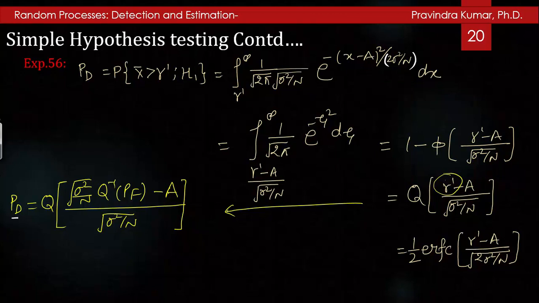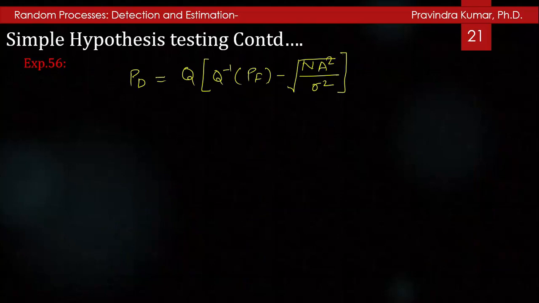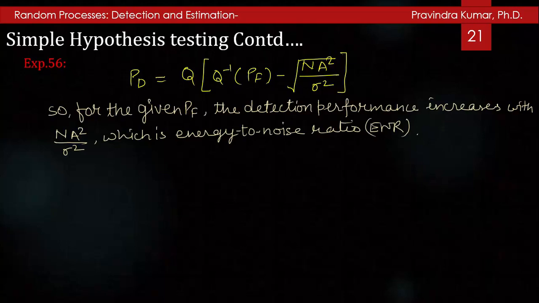So the probability of detection will be Q of under root sigma square by n Q inverse of probability of false alarm minus A upon under root sigma square by n, or I can write the probability of detection as Q inverse of PFA minus under root N A square upon sigma square.